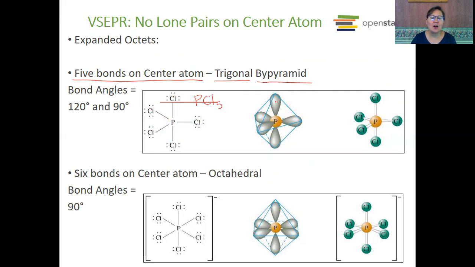Its bond angles are 120 degrees and 90 degrees. That's because here you can see this triangle. From here to here, you have 120 degrees. And then from this one down to this one, it's 90 degrees.